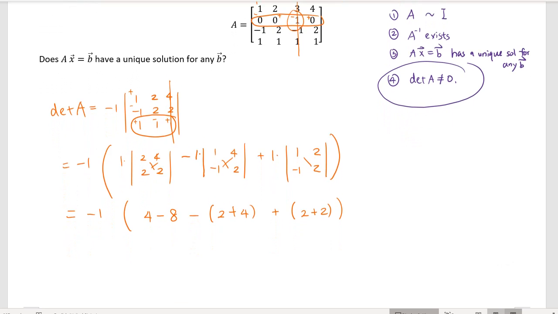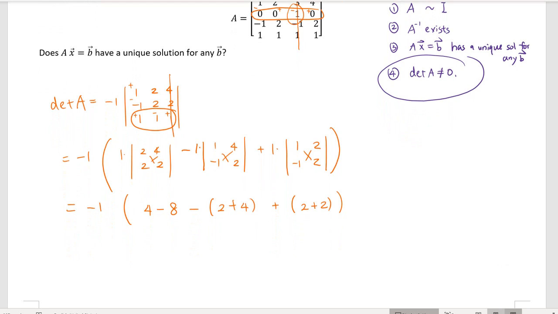So be careful with the middle sign. We're doing cross multiply, but we are subtracting. So we have minus 8, negative 4, minus 6 plus 4. Oh, you see they cancel? We get 6. So 6 is our answer.